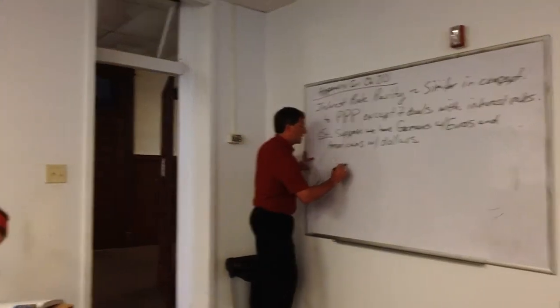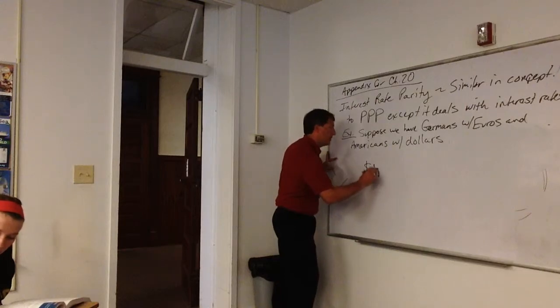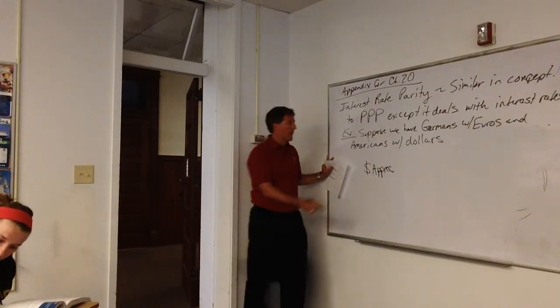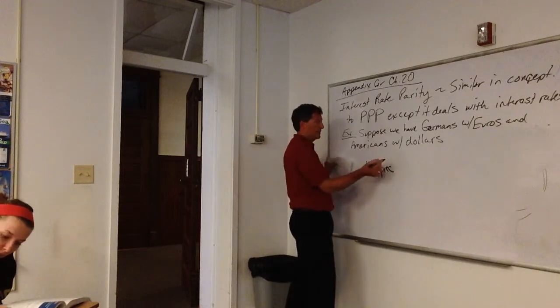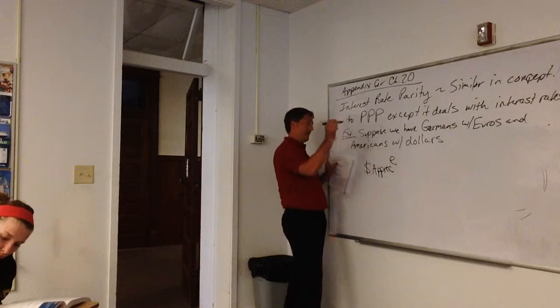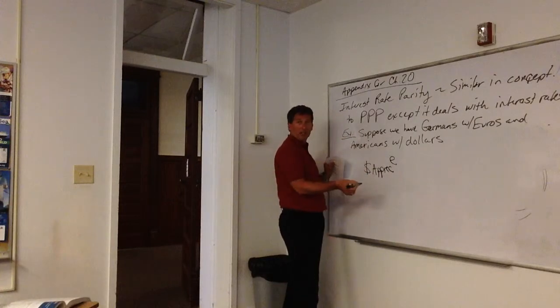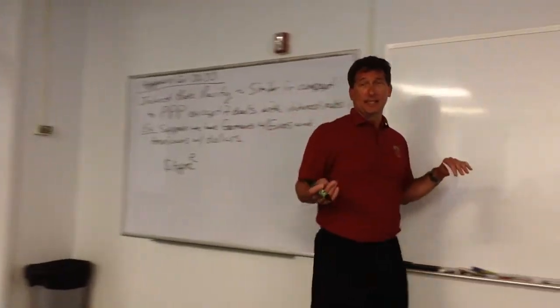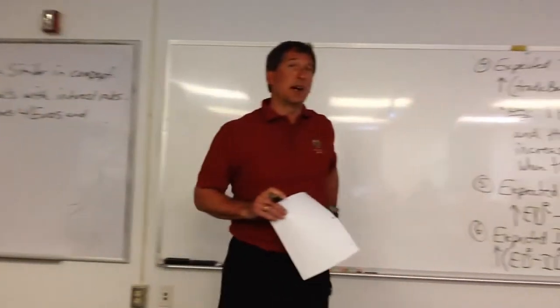What does dollar appreciation look like? In fact, let me cut somewhat to the chase here. We could do it in a couple ways, but how about expected dollar appreciation? What does that formula look like? Appreciation of the dollar.